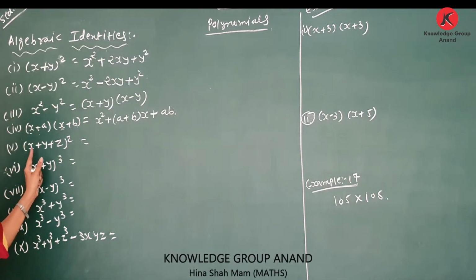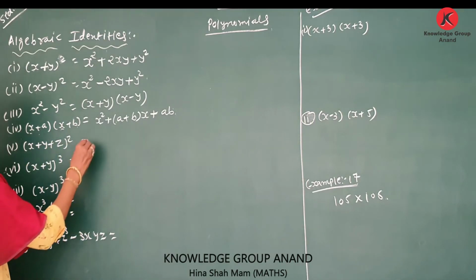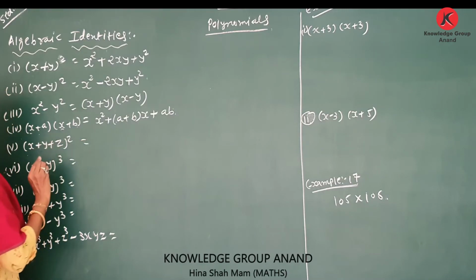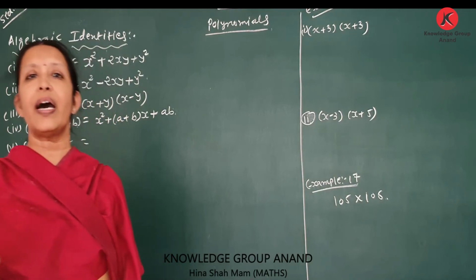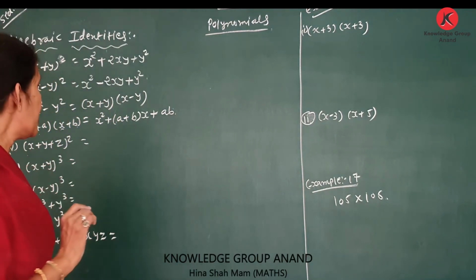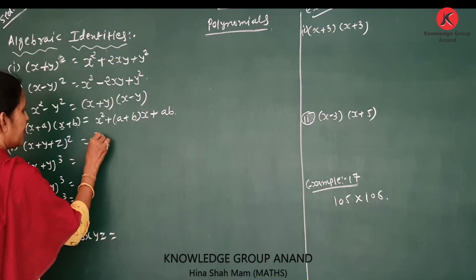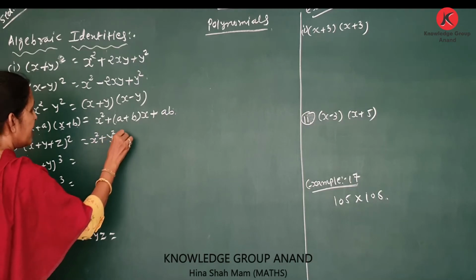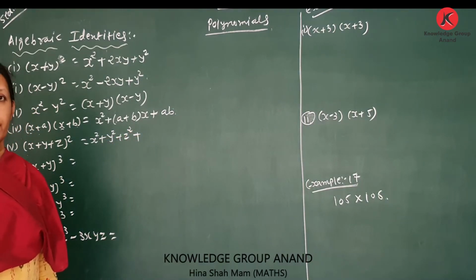Number 4, (x plus y plus z) whole square is equal to, now here there are three terms, x plus y plus z. We first write the square of these three terms: first term square plus second term square plus third term square. Correct?